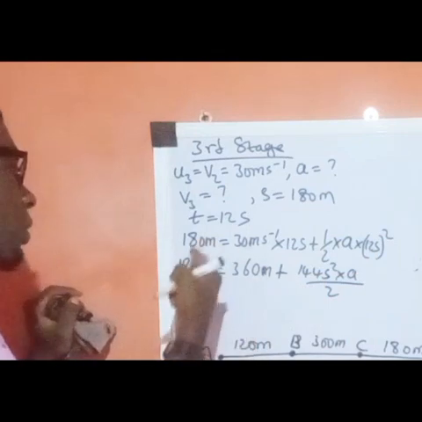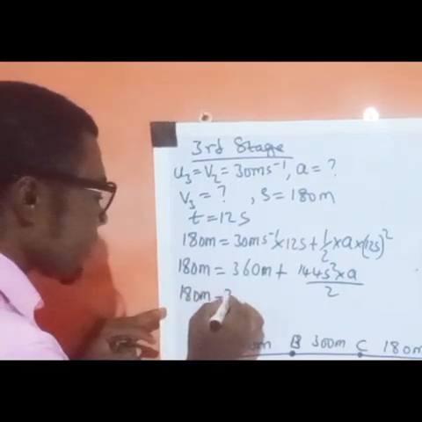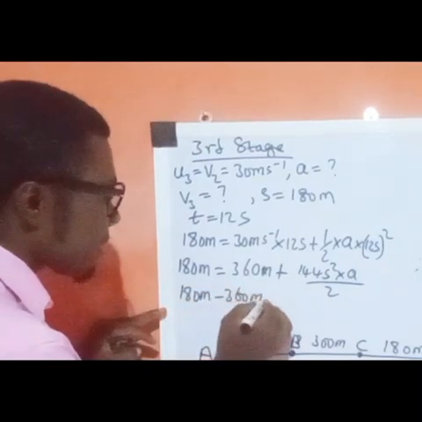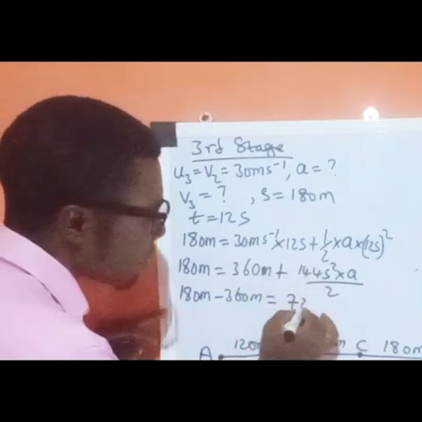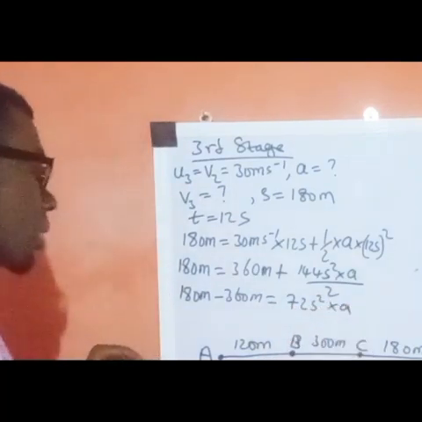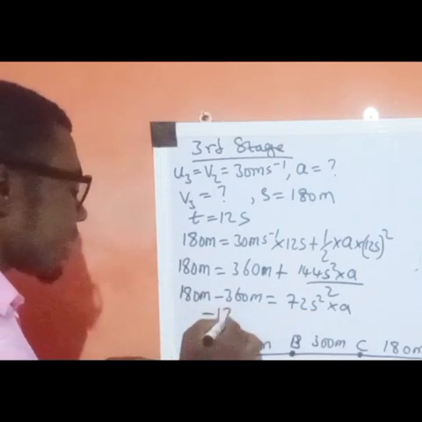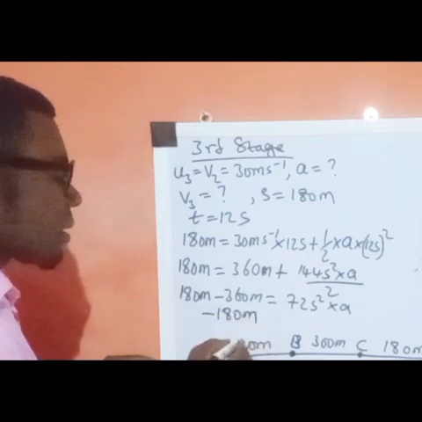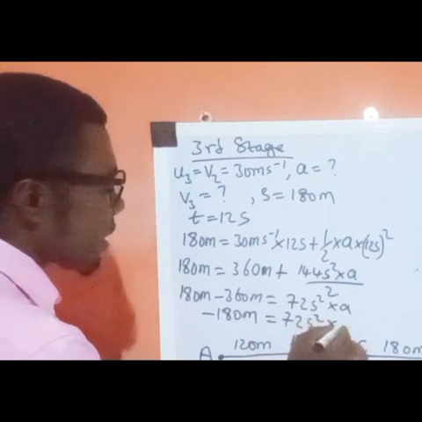So 360 will cross the sign of equality to have 180 meters minus 360 meters equals 144 divided by 2, which gives us 72 seconds squared times a. 180 minus 360 of course gives us negative 180 meters equals 72 seconds squared times a.